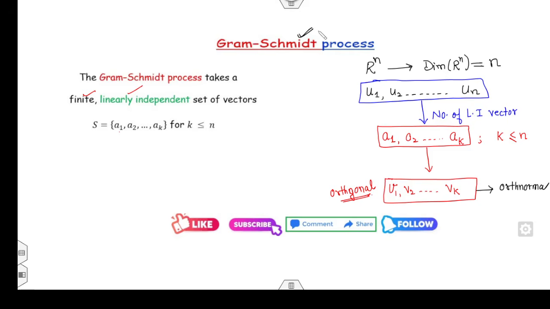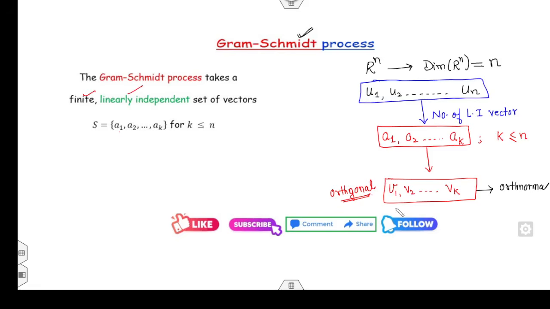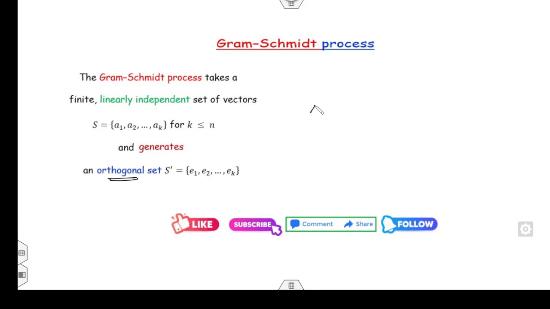But make sure you construct the orthogonal set e1, e2, up to ek, or you can call them v1, v2, up to vk, in such a way that the span of the given set of vectors a1 to ak and the span of the obtained vectors e1, e2, up to ek must be the same.